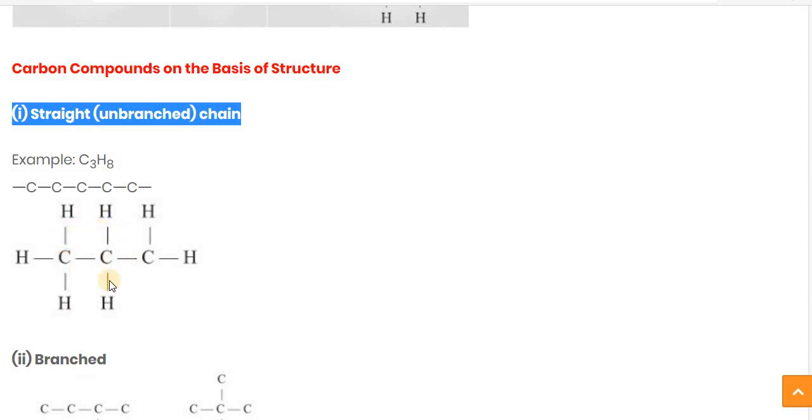Why ane? Because here everywhere only a single bond is there between the carbons. It is also an example of saturated carbon compounds, an example of alkanes. Which alkane then? It is propane. Thank you. In the next video we will discuss more carbon compounds on the basis of their structure.